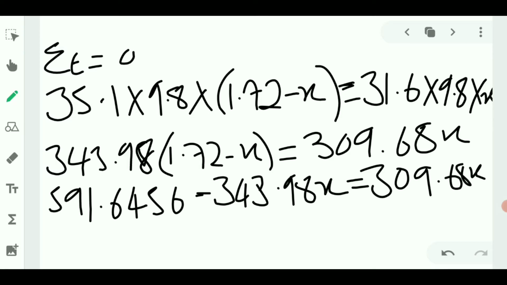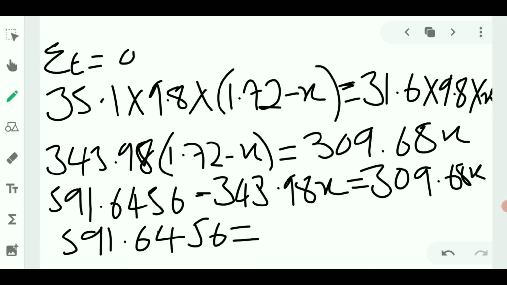That will be equal to 309.68x. We can simply group the like terms. If you group your like terms, you should get 591.6456 equal to the addition of 309.68x and 343.98x. Let me go to the next board for more room.